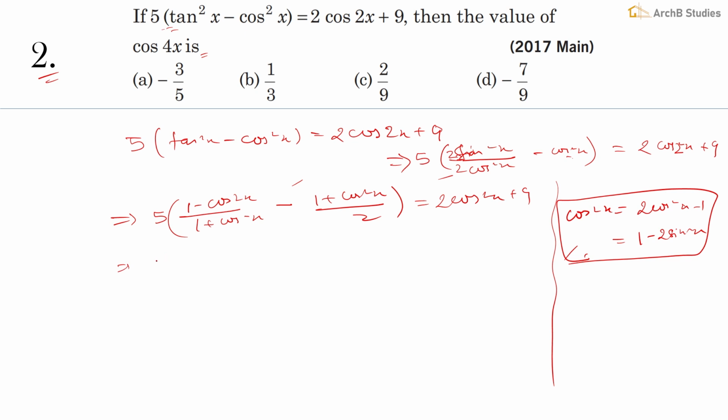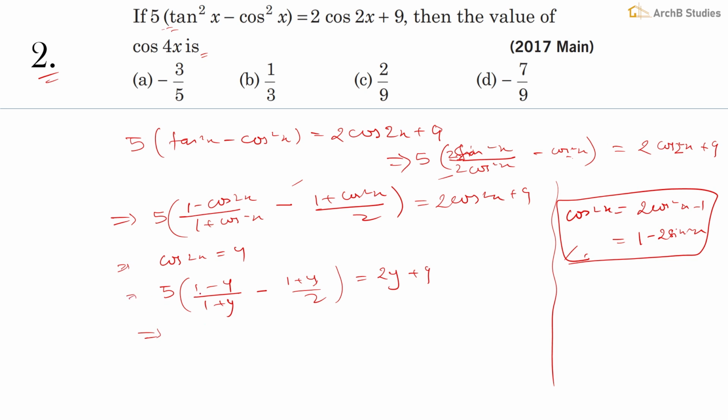So considering cos 2x equal to y, 5 into 1 minus y upon 1 plus y minus 1 plus y upon 2, okay, equal to 2y plus 9.